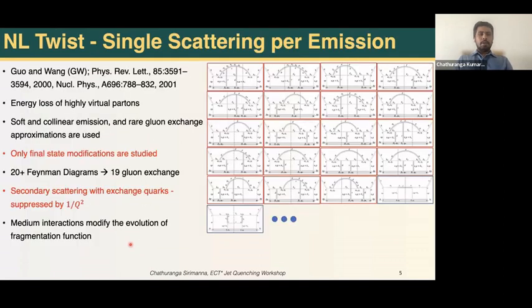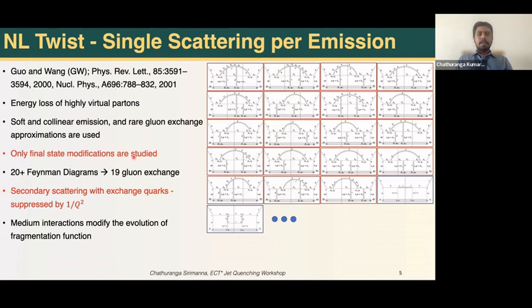When it goes to next to leading twist, one needs to use single scattering per emission approximation as they did in GW calculation. And in their calculation, they use soft and collinear emission as well as rare gluon exchange approximations. They only consider the final state modifications as they study the modifications to the fragmentation function.